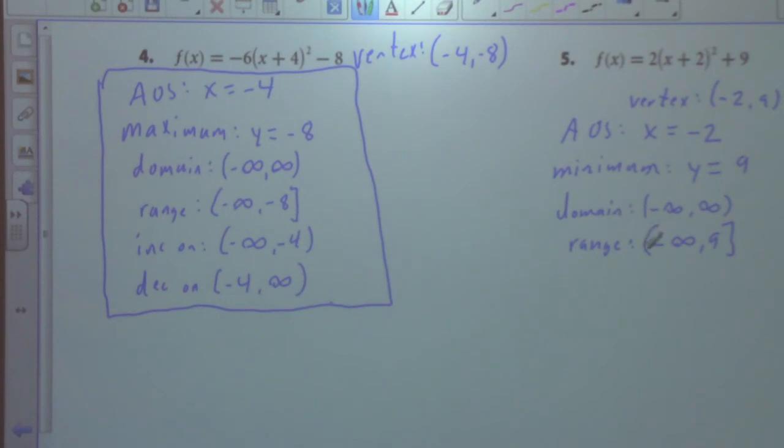Because if we have a minimum, isn't our minimum going to be over here? Because the 9 is positive, it goes first. It's not because 9 is positive, it's because 9 is our lowest value. That's why it goes first.